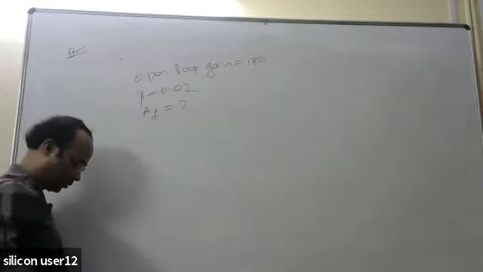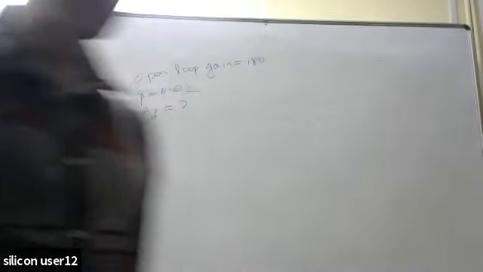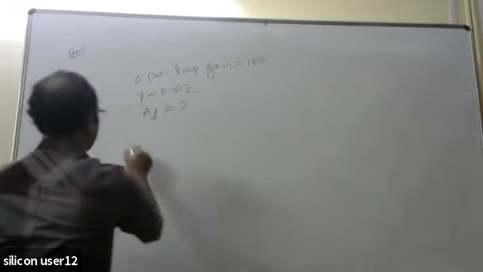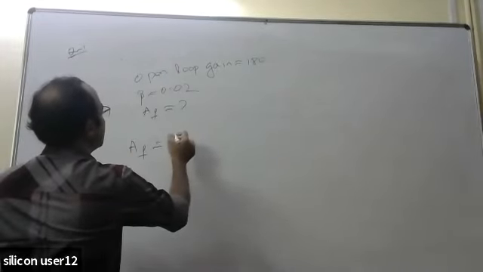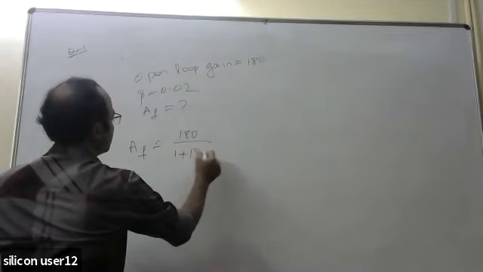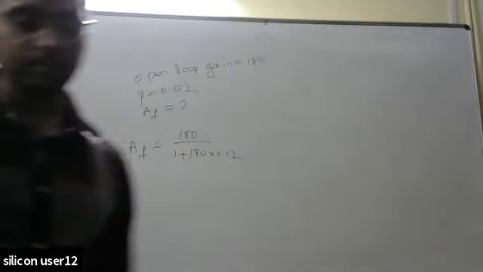You can also do this one, or if you calculate it, AF equals 180 by 1 plus 180 into 0.02.